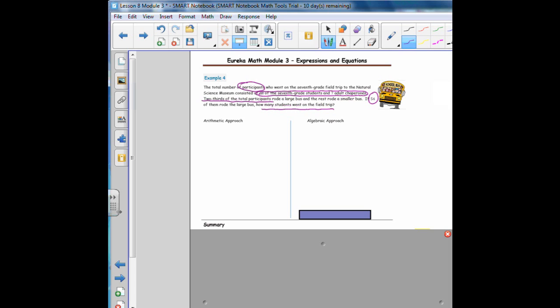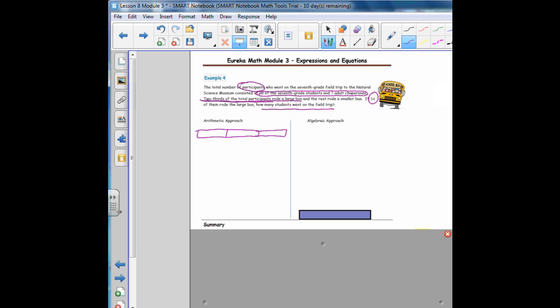So we're going to solve this using an arithmetic and an algebraic approach. The reason for this is because the purpose for this assignment is to start making the transition from arithmetic to using algebra. So let's draw a diagram using a tape, and we have a large bus and a small bus, and we know that 2/3 of the participants rode the large bus. So this will be our large bus, and then this will be our small bus.